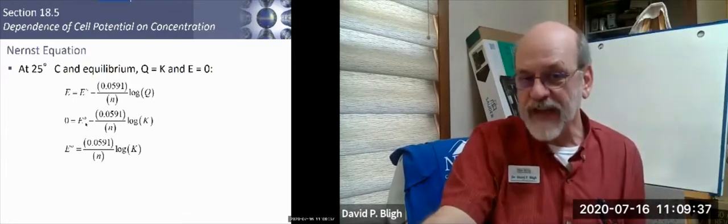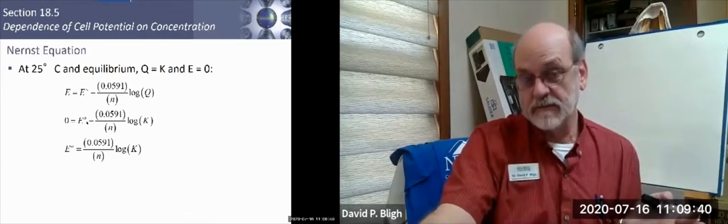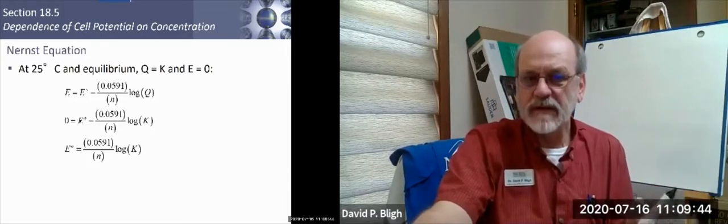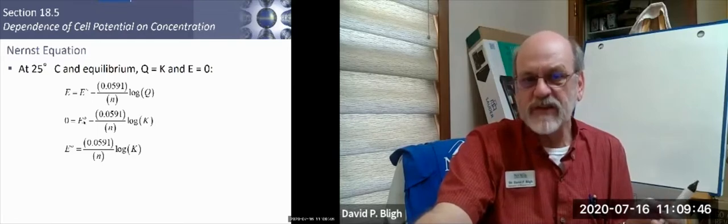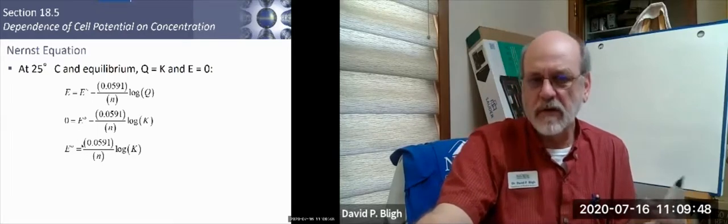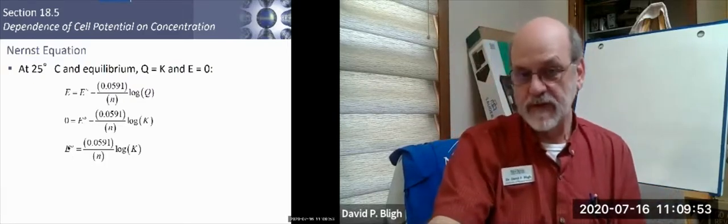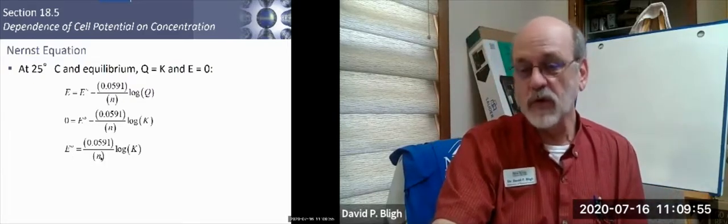But of course, the standard potential is still the same. So if we make that substitution, then we can calculate the K value based upon the measured or the standard potential. All we need to know is how many moles of electrons were transferred.